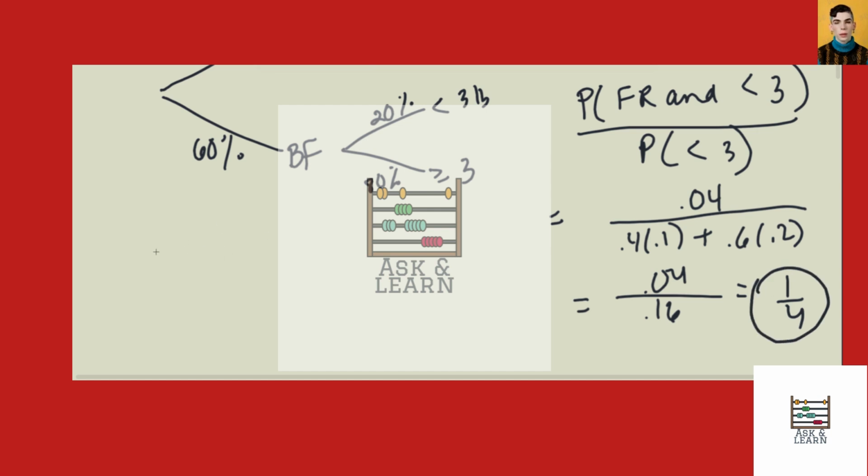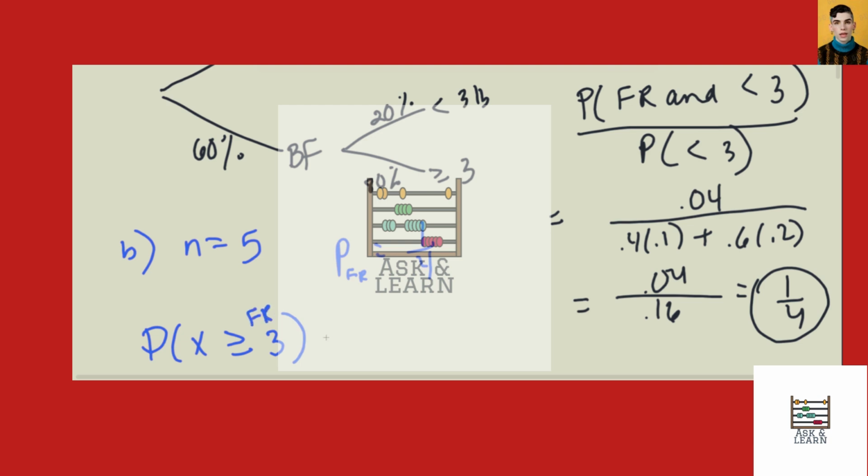Now, your next question, I'll call it part B, says that you get 5 of those chickens. And we know that the probability that it comes from the free range farm is a 1/4 chance. And we want to know what's the probability that at least 3 of them came from the free range farm.